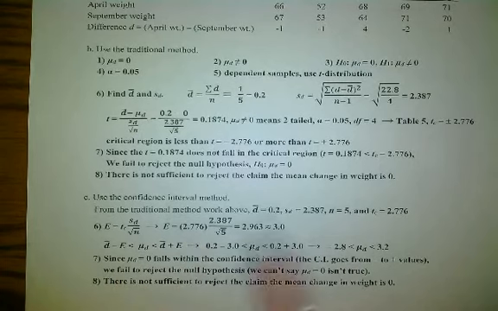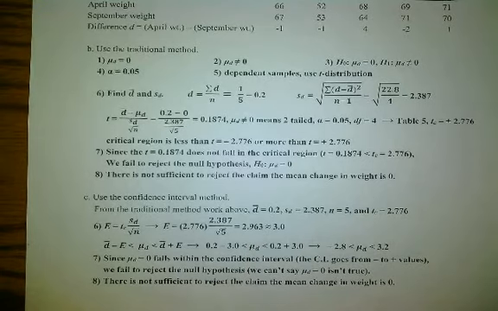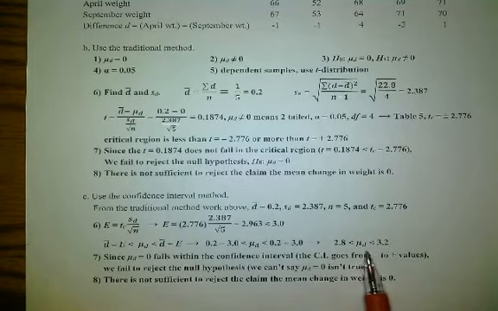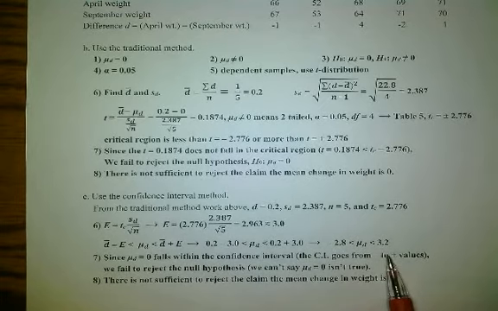And so 2.776, the same one that we got up there, 2.387, the same one that we got over there, divided by square root of 5, and that gives us a margin of error that is approximately 3. So our confidence interval, d bar minus e, d bar plus e, we end up with our mean difference for the population should be between negative 2.8 and 3.2.